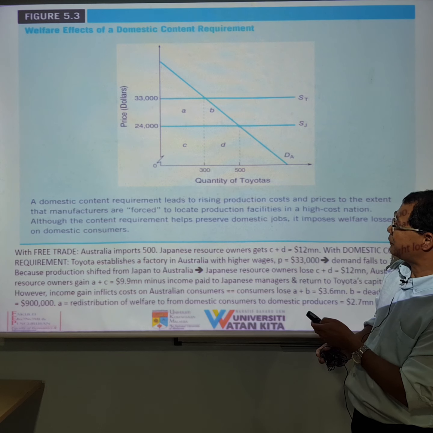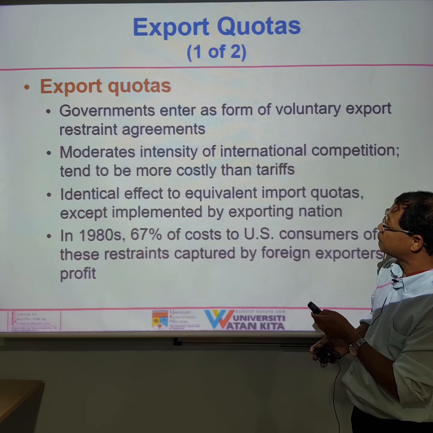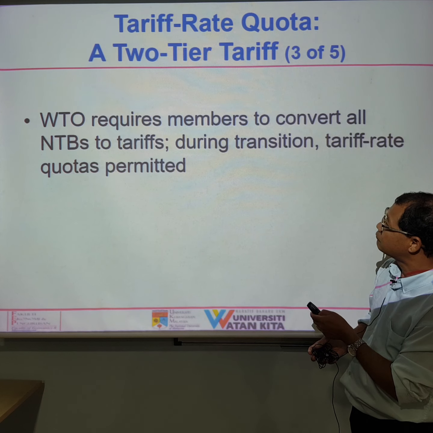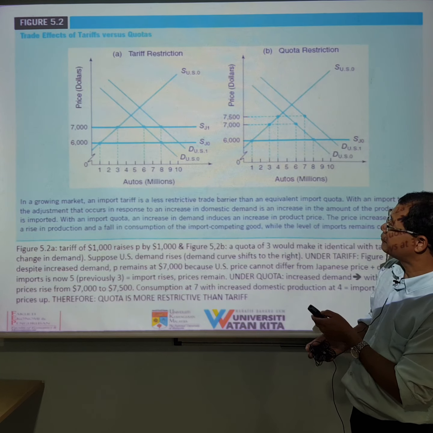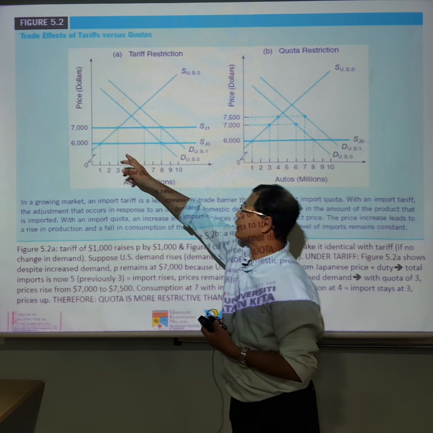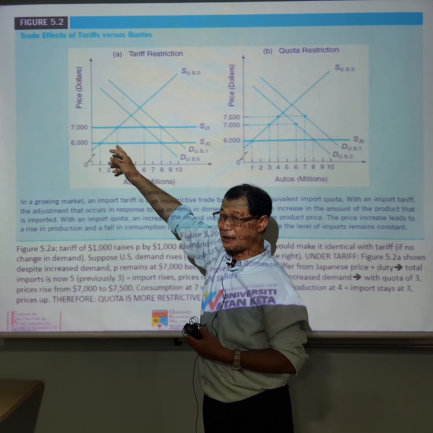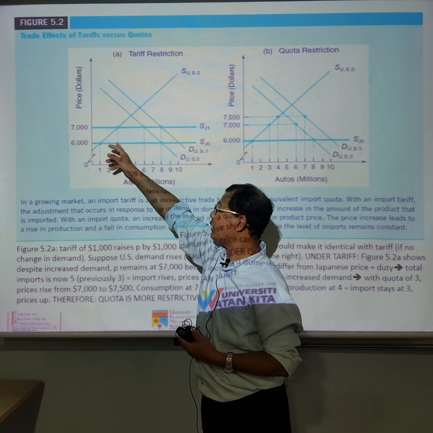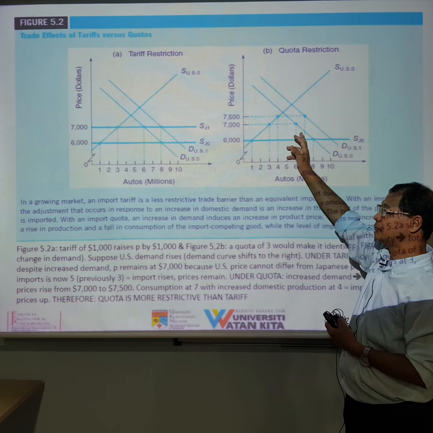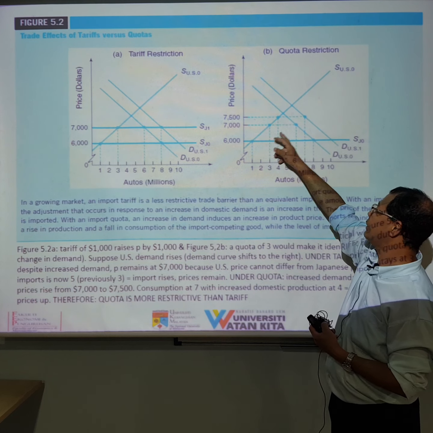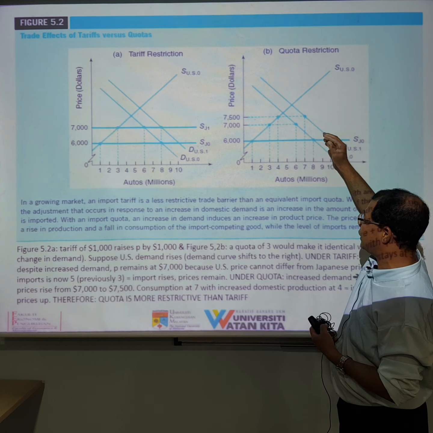Here, let me show something not mentioned here. Which one is worse? Is it the domestic requirement? A tariff has two parts of deadweight loss, two here. Quota is worse. Okay, two deadweight losses if the demand does not increase.